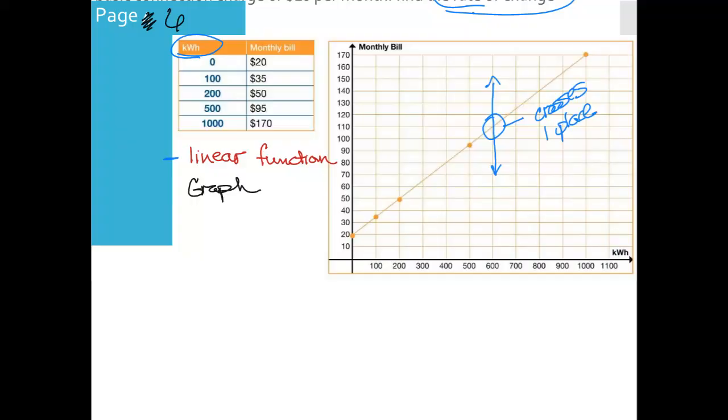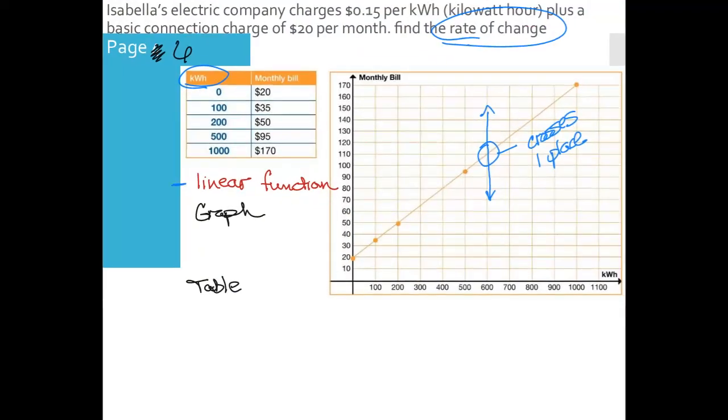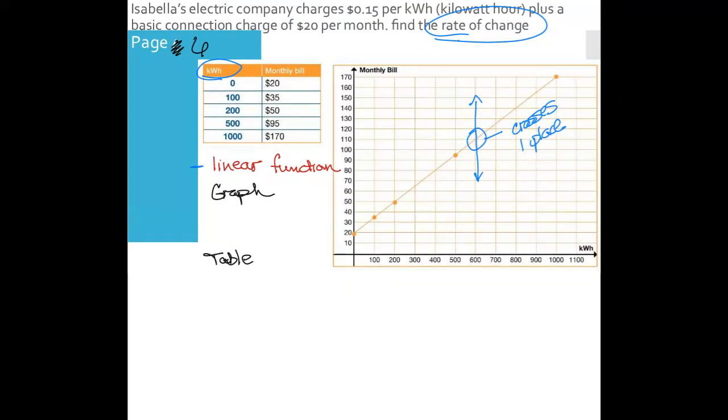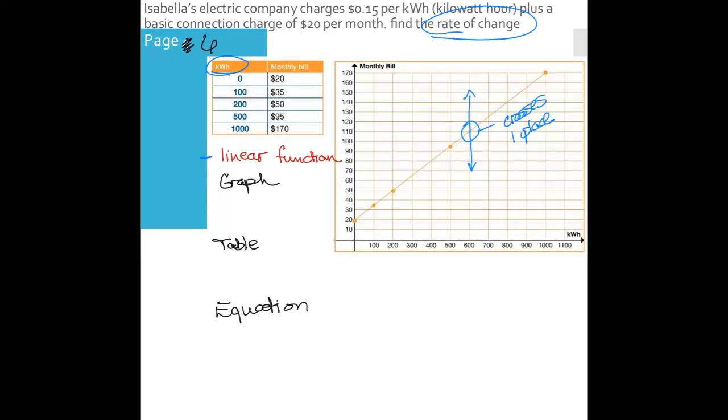We also have a table. And what else might we use to describe what's going on with this actual linear graph? An equation, yeah. So how could we find an equation? Is there any part of this equation that we might know?